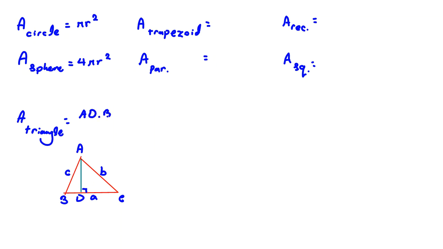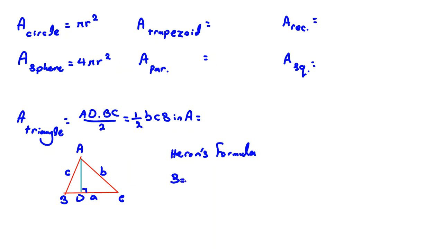Second one is 1/2 times BC times sine A, if you know sine A. Another one, which we call Heron's formula. We call S the semi-perimeter, A plus B plus C over 2, so you can say area. Sometimes you have only all three sides. Then you should use Heron's formula: the square root of S times S minus A times S minus B times S minus C.